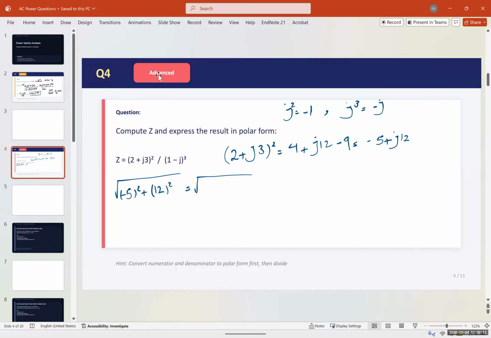It's going to be equal to 169, which gives us 13. And the angle would be tan inverse of B over A, which is equal to arctangent of 12 over 5.